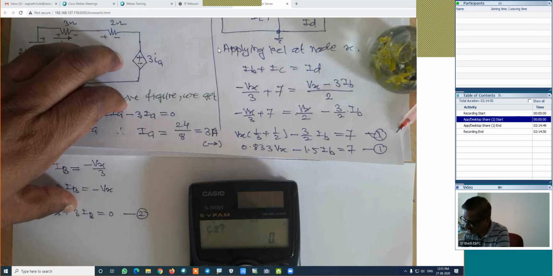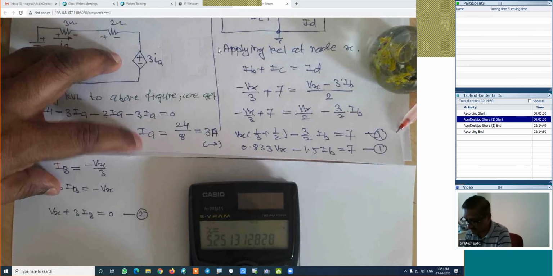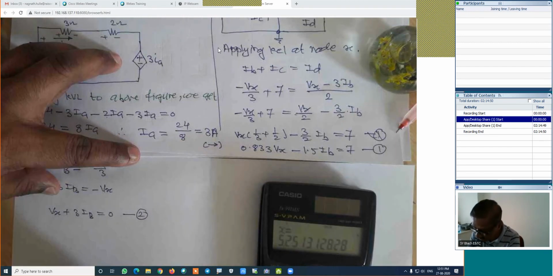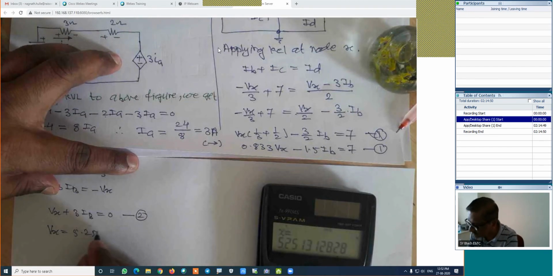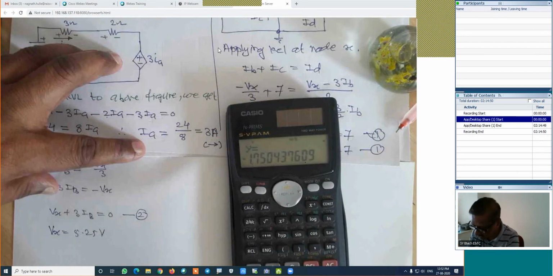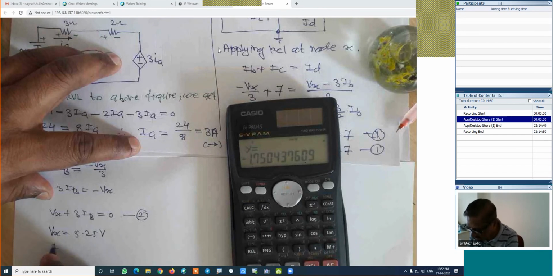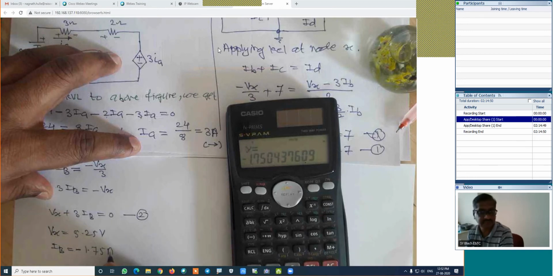That is constant, which is 0. This X is Vx, which is 5.25 volt. Now look at what is Y. It is IB, and this IB is minus 1.75 amperes.